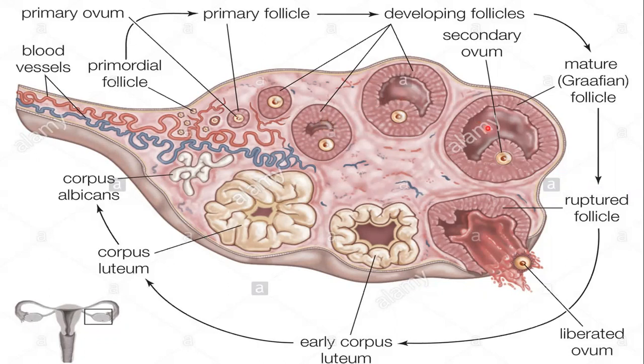This one is the antral follicle, and this one is the mature follicle, right? Mature antral follicle, which is going to become the Graafian follicle, right? And then it will eventually rupture, releasing the ovum. The leftover thing is known as the corpus luteum, right? Corpus luteum.